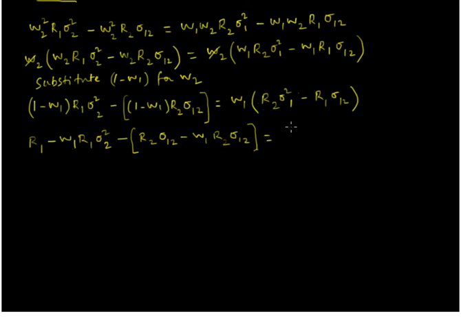and this is going to be equal to the same thing here, W1 times R2 times variance of 1 minus R1 times covariance between 1 and 2. Let us open out this bracket.